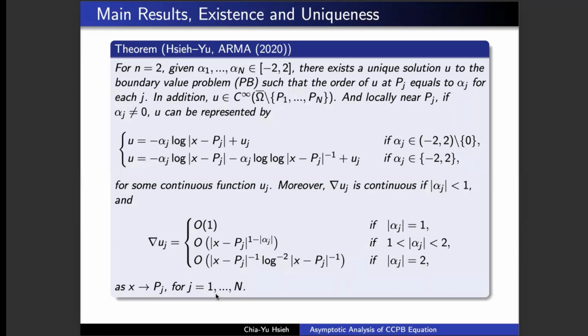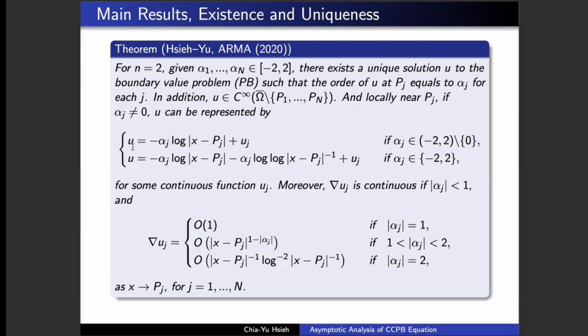Okay, and the answer is yes. We prove that given any alpha_1 to alpha_n in this range, there exists a unique solution to the Poisson-Boltzmann equation. In addition, near each singularity P_j, we have a local decomposition of U.